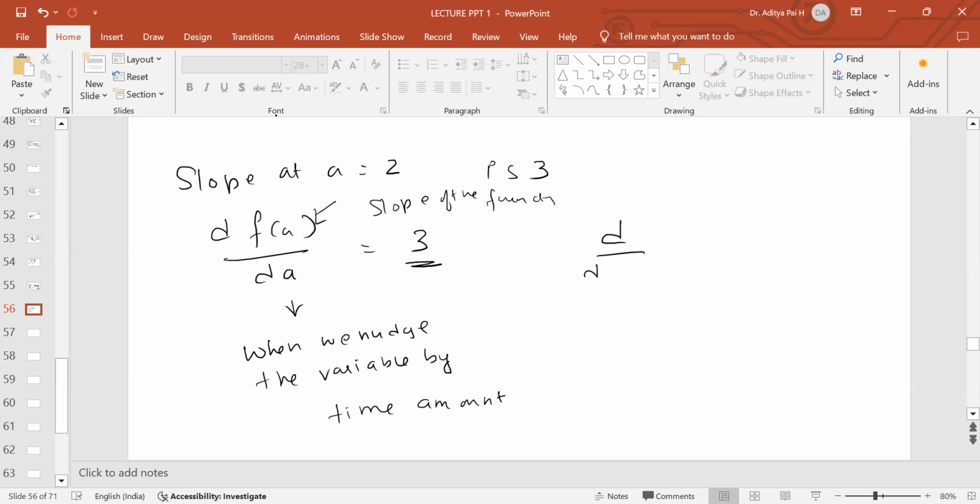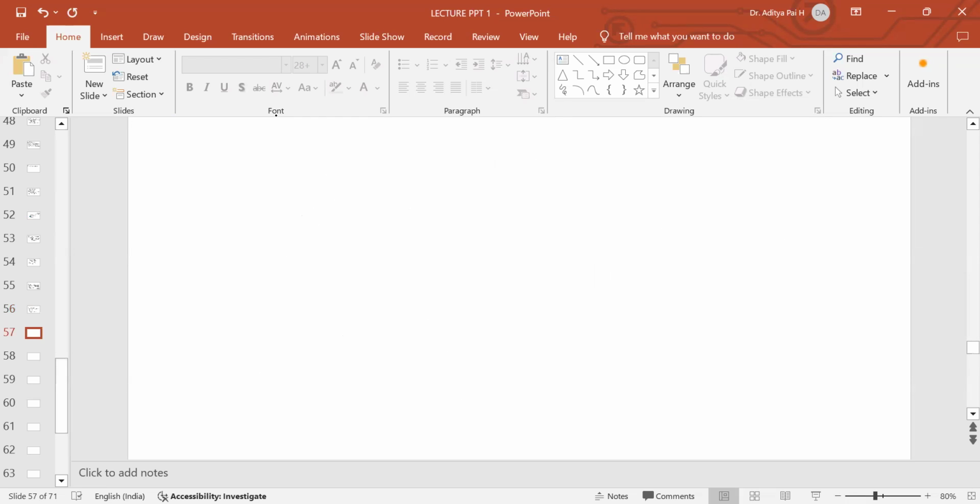That is, d by dA of f of a is equal to 3. Even if we go from a equal to 2 to a equal to 2.001, we get the slope of the function as 3. So this is one example of the derivative.